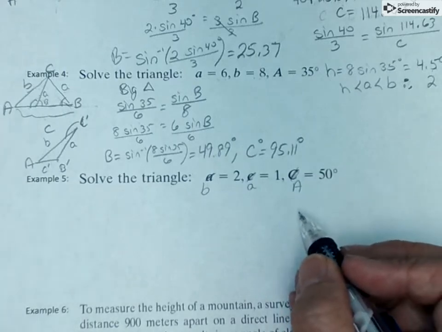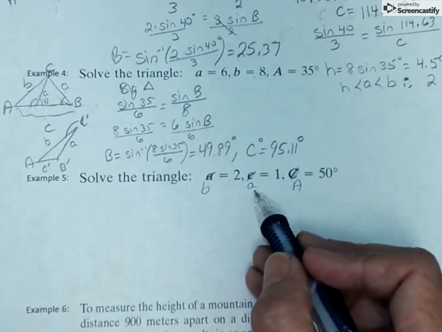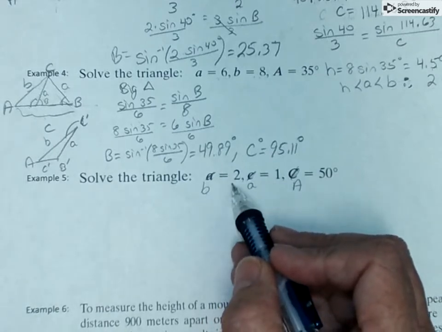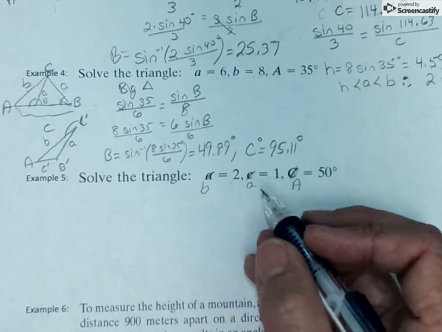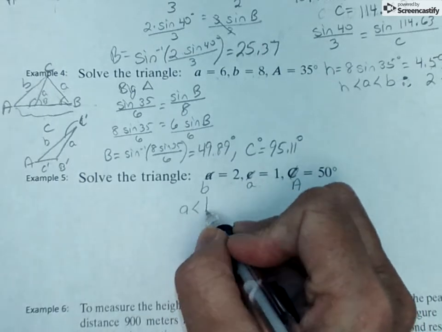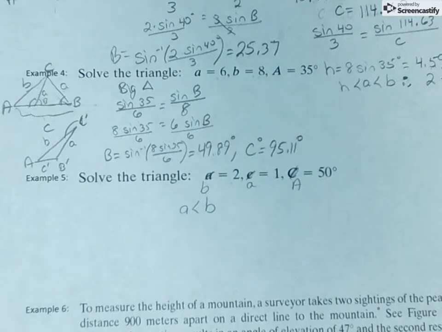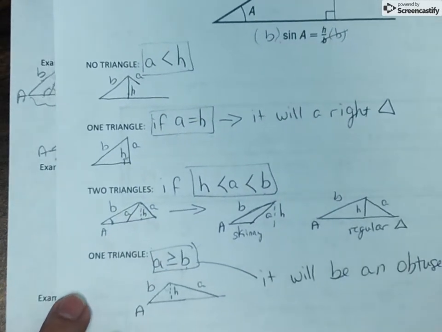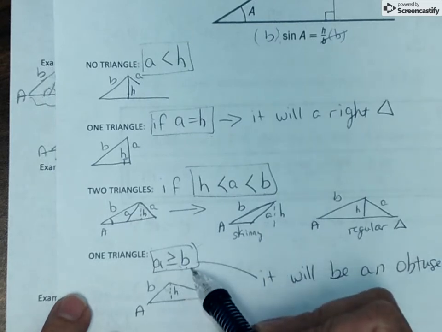So first thing I need to see, is A smaller than B? Yes, A is smaller than B. Okay, so we've got A is less than B. Taking a look at our cases, we can rule out case 4 because A is not here.